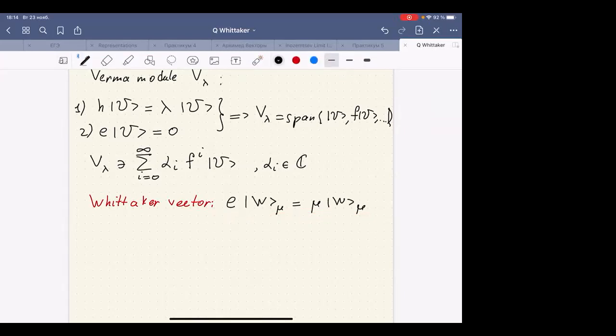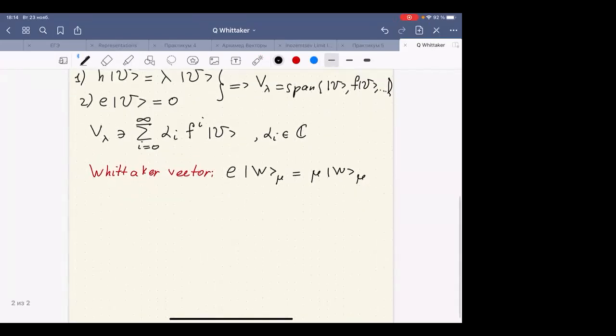One may ask if such a vector exists. And the answer is yes, and we can compute it. So let me compute it maybe. We know how it looks like. It is just an infinite sum.